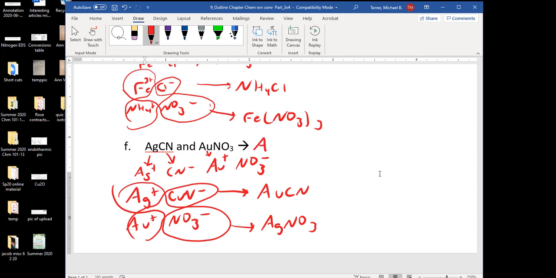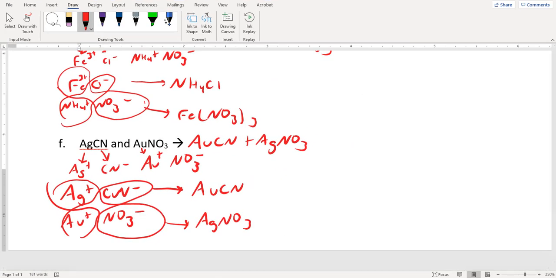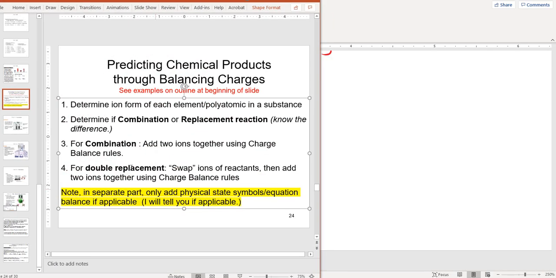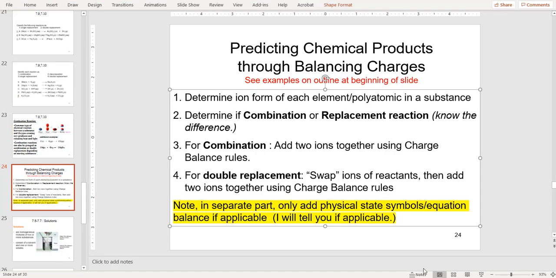And so up here you could write gold cyanide and silver nitrate. Alright, so let's go back to our slides.